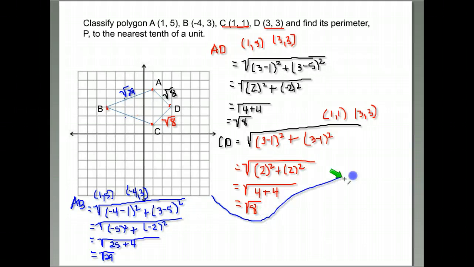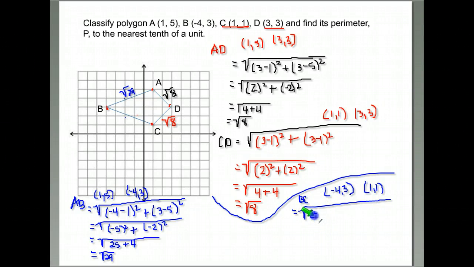I'm going to draw a line here. Okay, so if we're going to go from B to C, let's write down those points. B is at (-4, 3) is what they told me in the instructions, and C is at (1, 1). Let's use the distance formula. So again, we do x minus x. So 1 minus negative 4, squared, plus, now subtract the y's, 1 minus 3, squared.